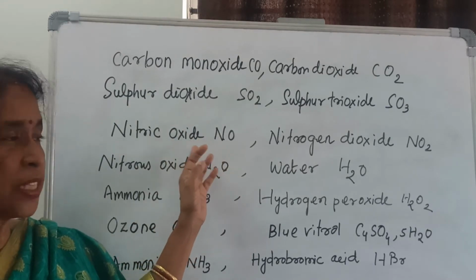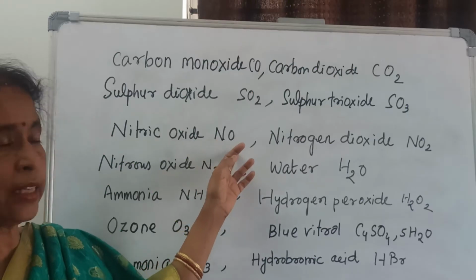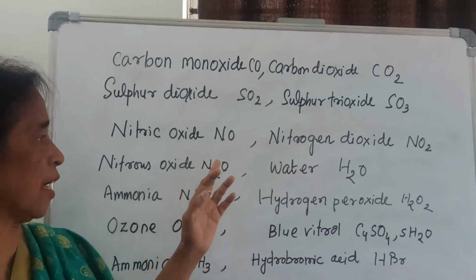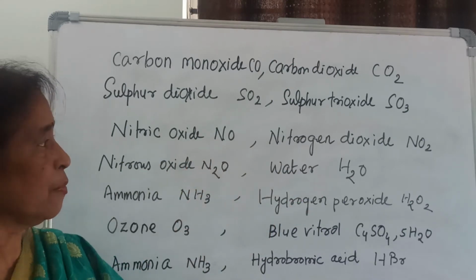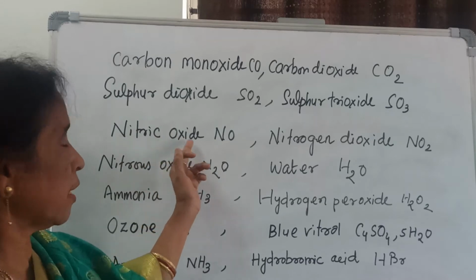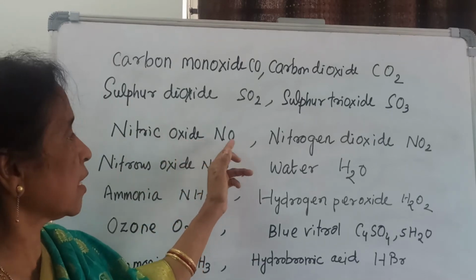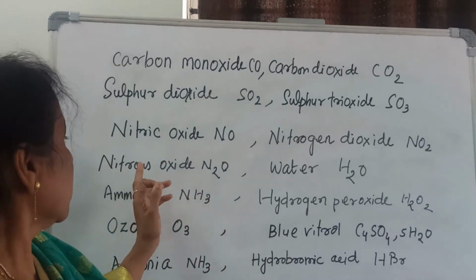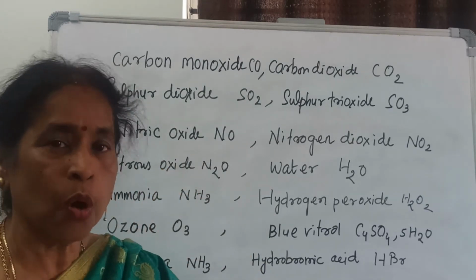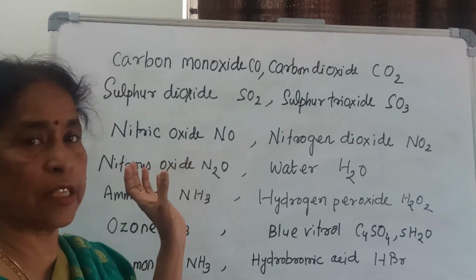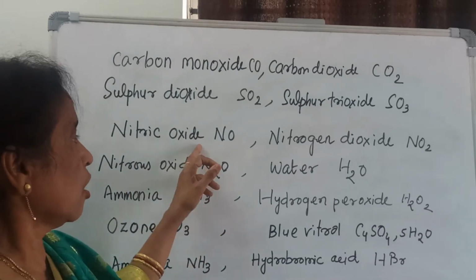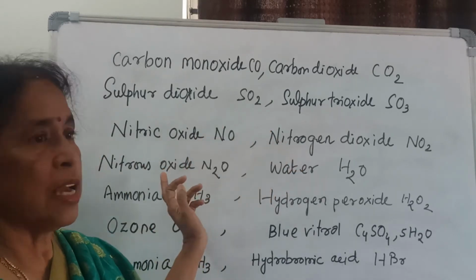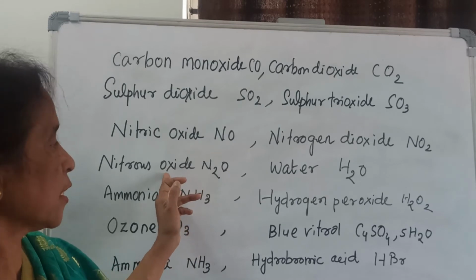It is especially important to compare nitric oxide, nitrogen dioxide and nitrous oxide. Nitric oxide NO is colorless, nitrogen dioxide NO2 is brown in color, and nitrous oxide N2O is called laughing gas. These are the main important properties: colorless, brown color, and laughing gas.